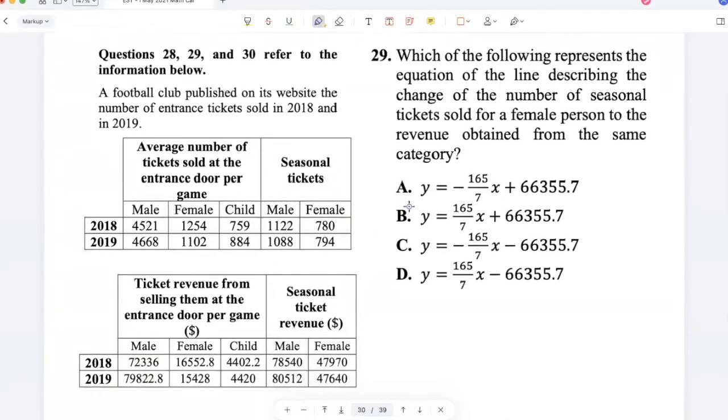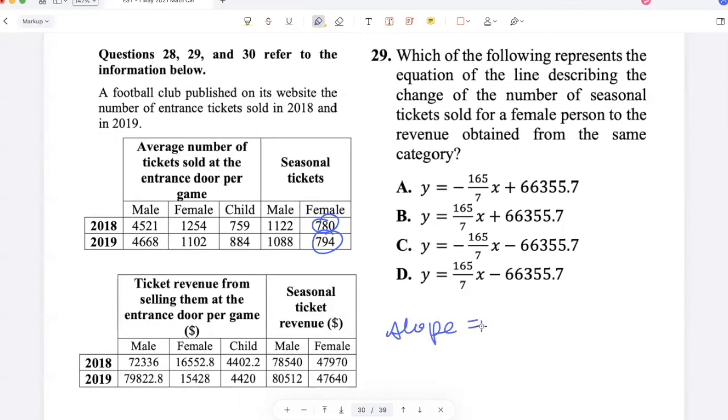Which of the following represents the equation of the line describing the change in the number of seasonal tickets sold for a female person to the revenue obtained from the same category? Number of seasonal tickets, okay, it went from this to 794, and to the revenue obtained. So let's first find the slope.